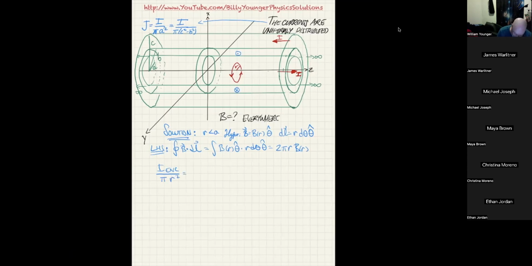And I'm setting that equal to J, which is I over pi A squared. So I can see now that the right-hand side, which is mu 0 I enclosed, is in fact going to be equal to mu 0 R squared over A squared times I.